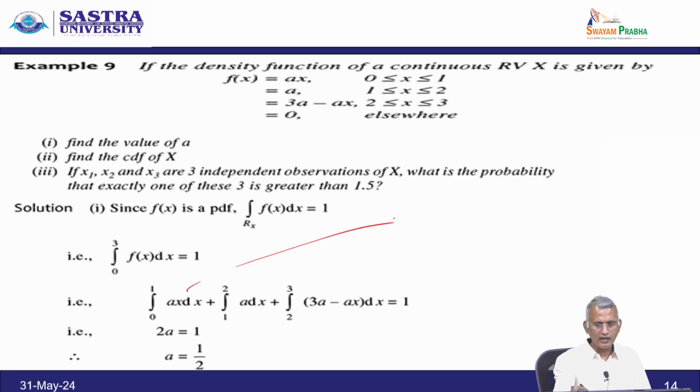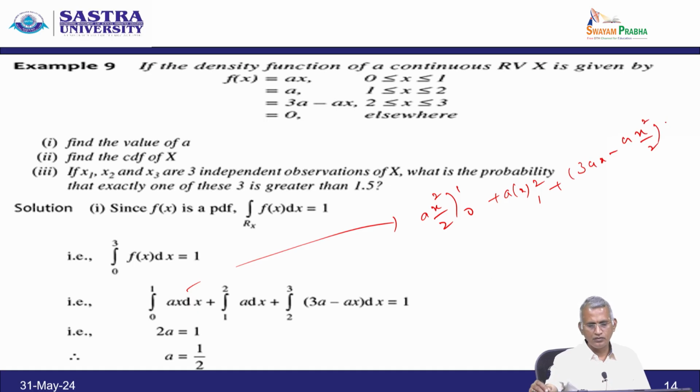First, we integrate a into x square by 2 over the limit 0 to 1. For the second one, a into x over the limit 1 to 2. For the third one, 3a into x minus ax square by 2 over the limit 2 to 3. So the net value equals 1. For the first case, x equals 1, therefore a by 2 will come.